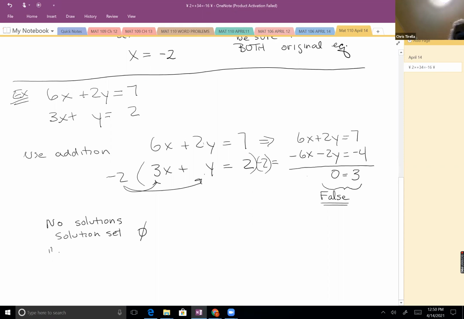It's what we considered an inconsistent system. And again, if I were to graph those two lines, I'd have parallel lines. They don't intersect at all.